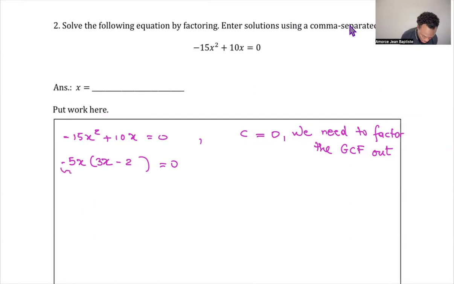So we have two factors. If I call this one A times, I call this one B, I can apply the zero product property. Negative 5x equals 0, or 3x minus 2 equals 0.